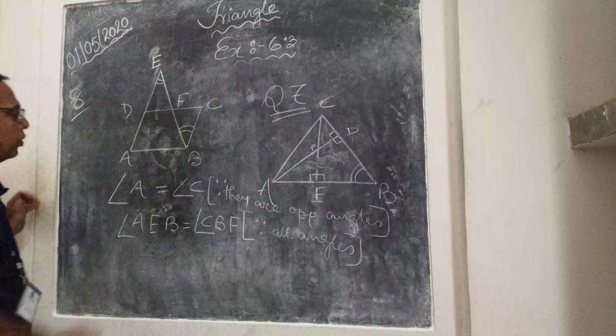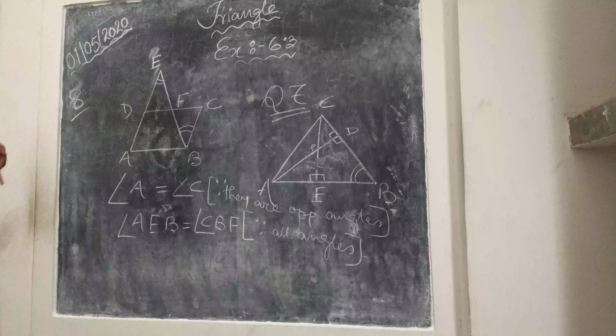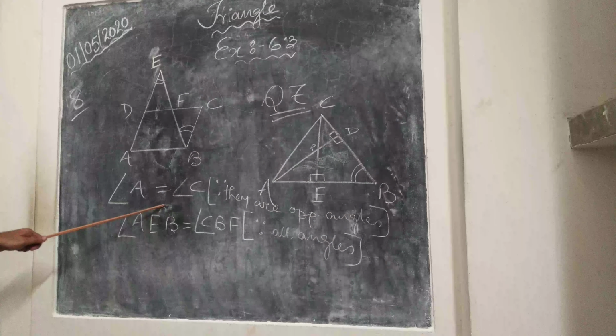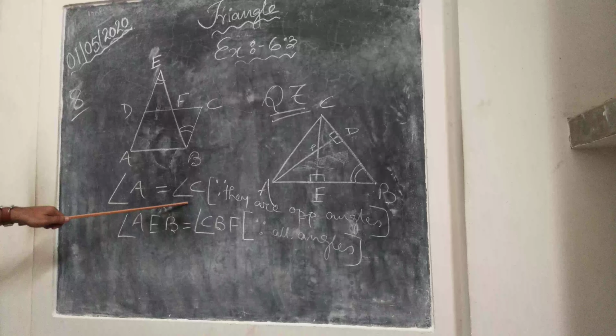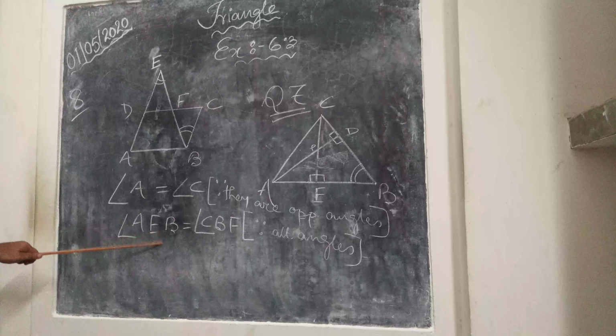Remember, before that you have to write AE parallel to BC and EB is a transversal. You have to write that, and then this one.